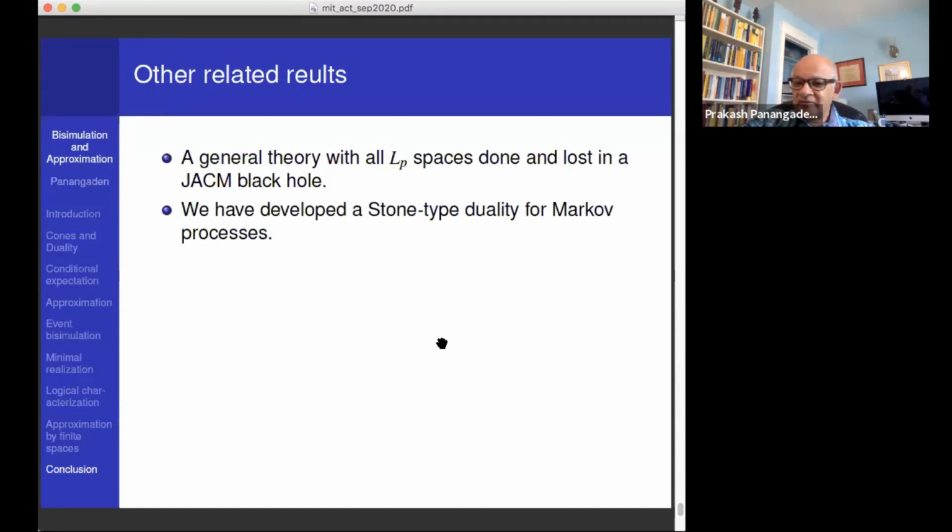I don't know if many of you have heard of Aumann, but he was one of the pioneers of probabilistic modal logics and actually has a Nobel Prize in economics because he was working on rationality, epistemic logic, and economics. So we developed a Stone-type duality for modal logics based on the same kind of modal logic that you saw appearing in the logical characterization theorem here, but the mathematics is quite different. It's really like Stone spaces equipped with Markov structure on top of it.